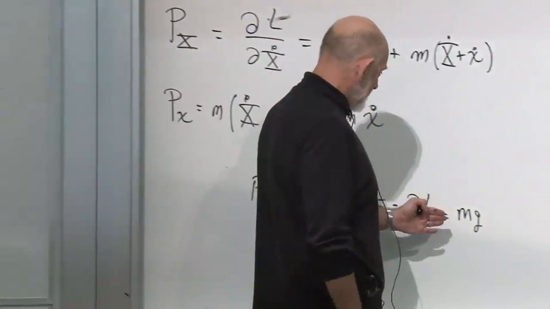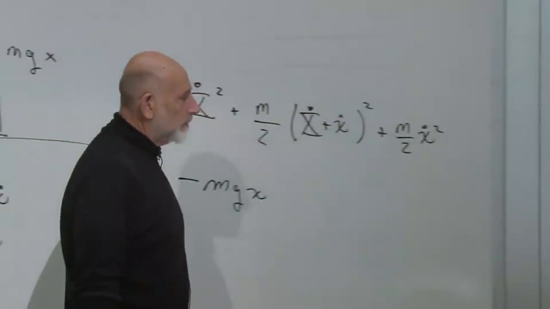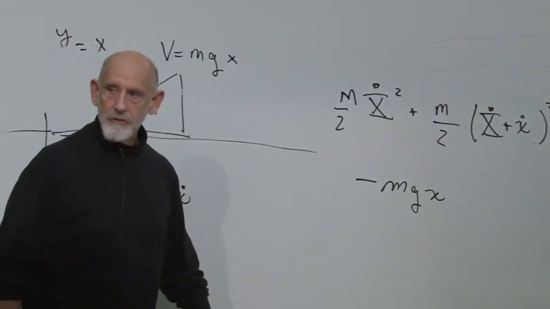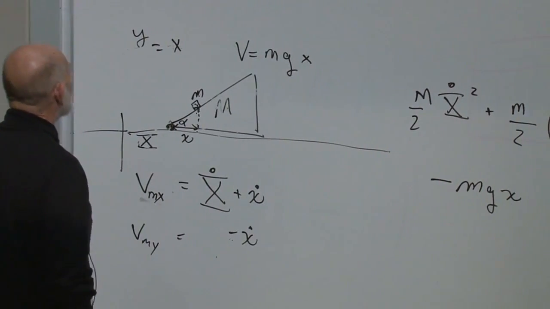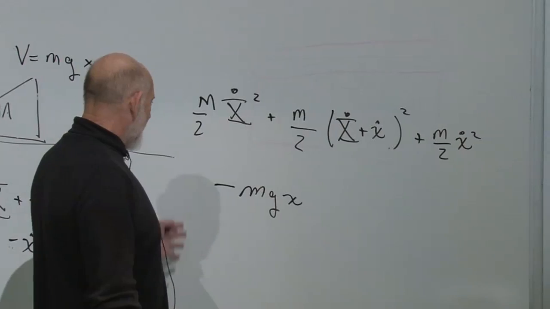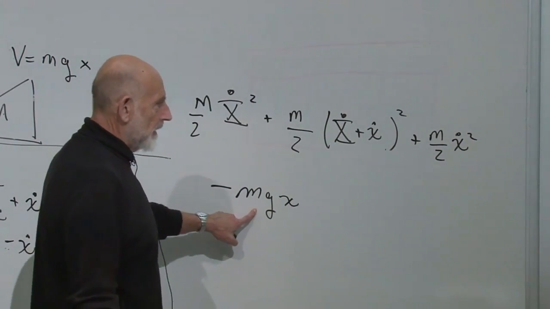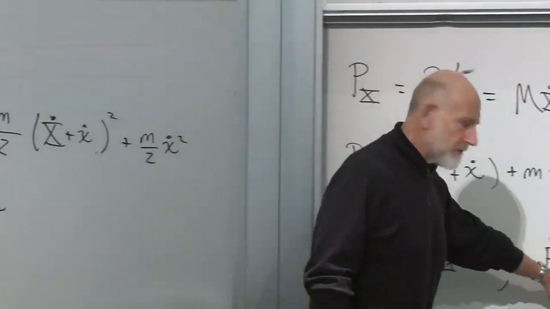Should that be negative or positive? Positive, I think. p_x dot is equal to plus. Let's see, am I right? It's plus dL/dx, but dL/dx itself has a negative sign. It depends on the direction of x. The dL/dx has a minus sign, but we're supposed to put minus dL/dx on the right-hand side here.